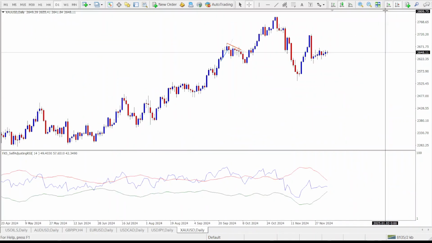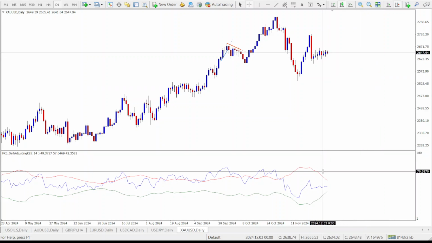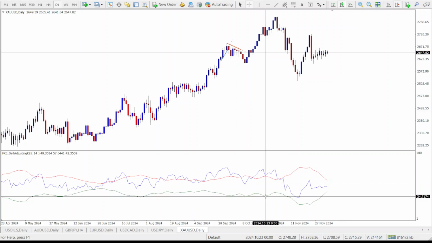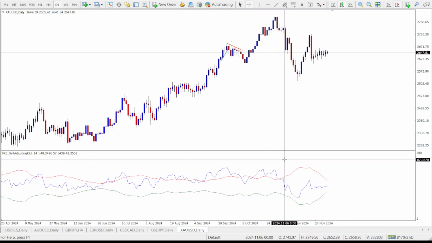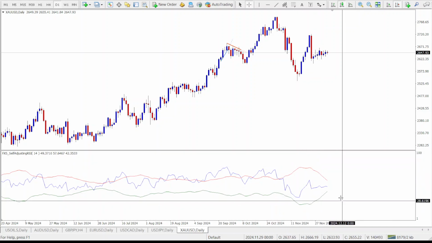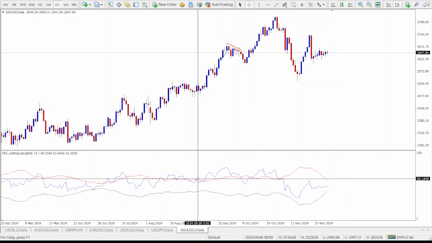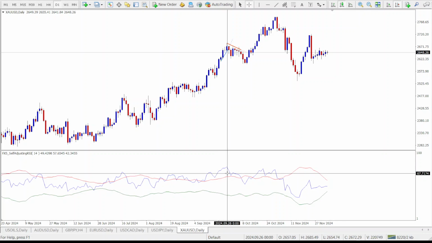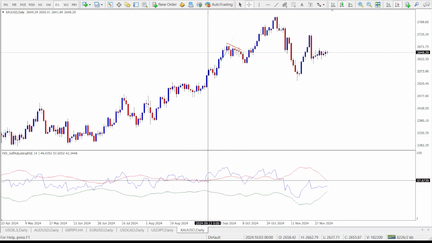So the nature of overbought and oversold conditions given by this indicator is not such that will require the indicator to rise to the top of the indicator window for overbought or drop to the bottom for oversold. No.